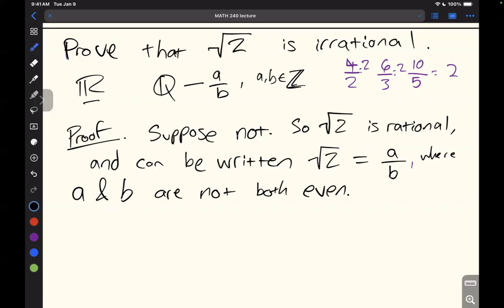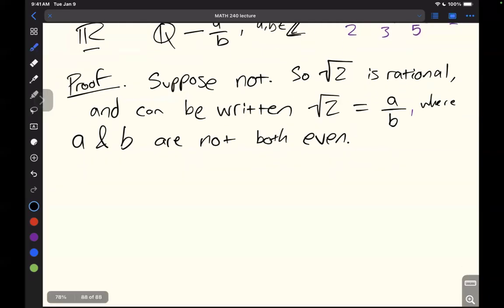So basically saying that if we've got 4 over 2, we could reduce it further. We could go from 4 over 2 to 2 over 1, right? So it's not both even. So we can't, it's fully reduced. So that's just what it means to be a rational number.